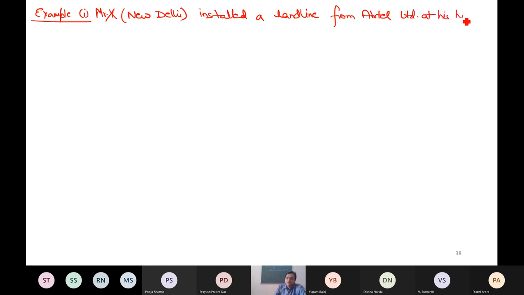For example, Airtel is registered in Mumbai, Maharashtra. Can you tell me the place of supply?